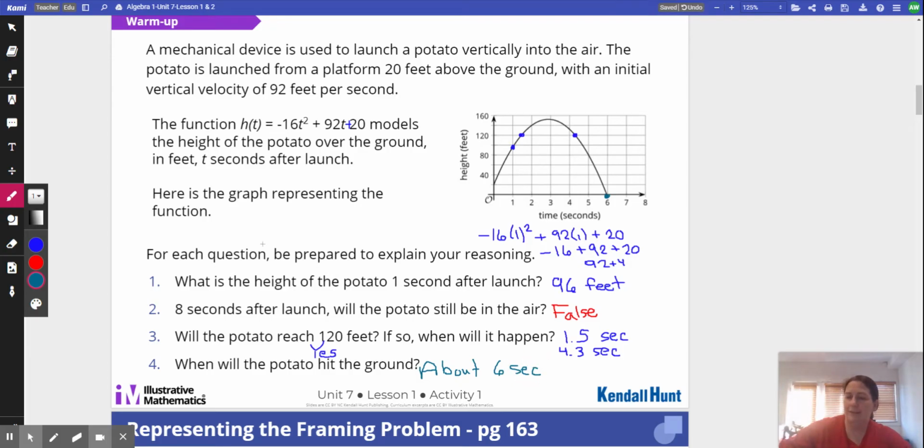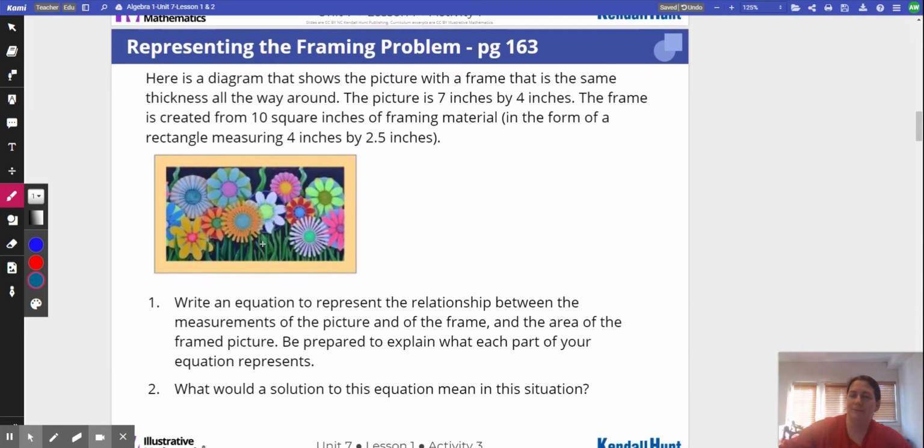All right, the next activity is on page 163. Here is a diagram that shows a picture with a frame that is the same thickness all the way around. The picture is 7 inches by 4 inches. The frame is created from 10 square inches of framing material in the form of a rectangle measuring 4 inches by 2.5 inches.